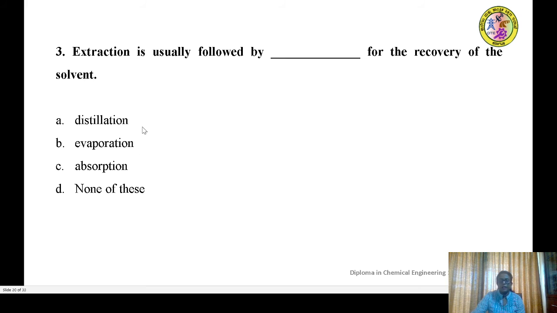In fact, recovery of solvent in an extraction operation at the end of the operation is usually done by distillation, but in some cases it is also done using evaporation. But in most cases it is distillation. So, because of that fact, our right answer for this question is distillation.